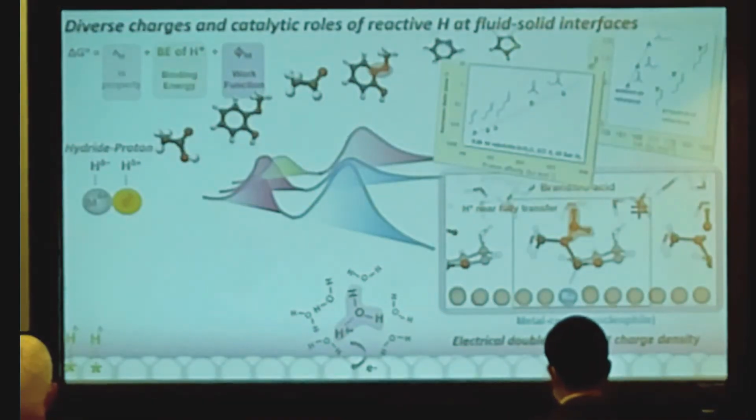Activation of hydrogen on transition metal leads to multiple charges. The electronic charge of the hydrogen depends on, of course, the d electrons of the metal, and depends on the donation into the hydrogen atom, and it depends on whether we form a hydride-proton pair, and both have their own unique catalytic role in the reaction.